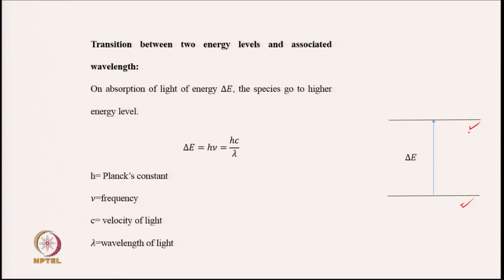If these two energy levels exist and there is absorption, it will absorb the wavelength corresponding to this delta E value, and the relationship between delta E and lambda is given by this. If there is emission from this level to this level, then again you see emission of the wavelength corresponding to this delta E value.